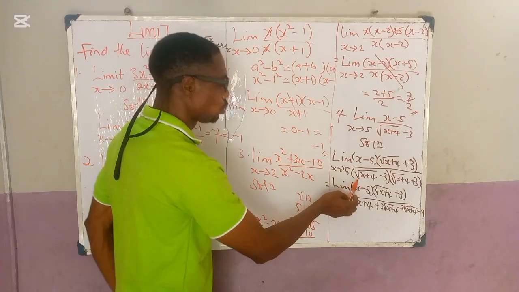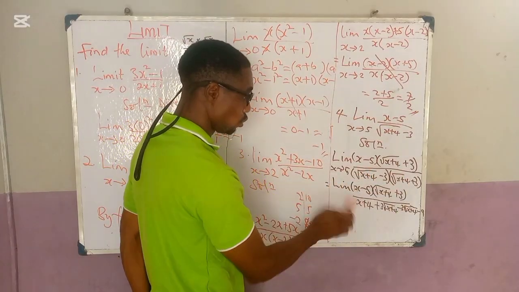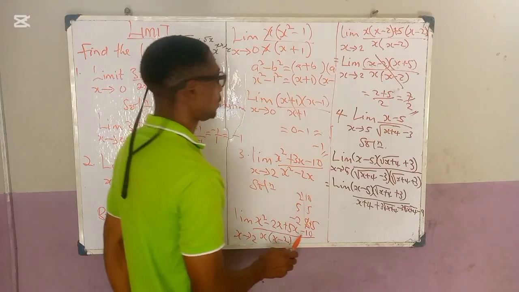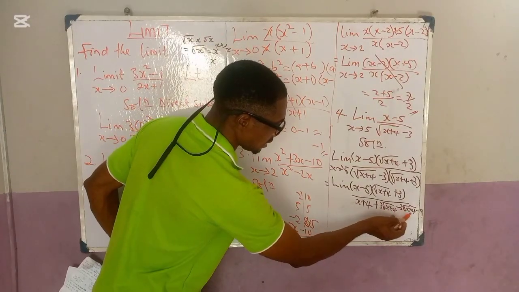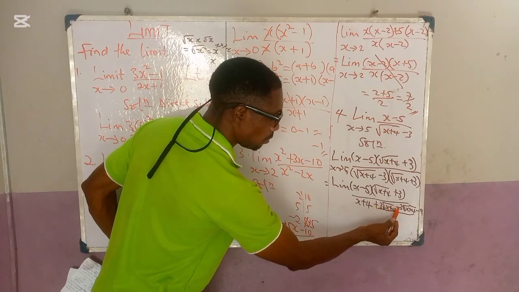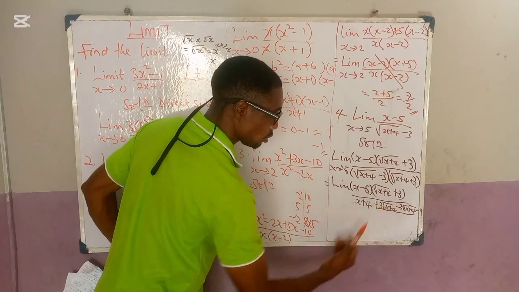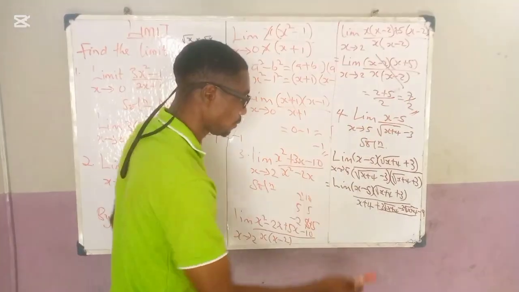It's the same thing here. Root x plus 4 times root x plus 4 will give you x plus 4. Right. If you look at it this way, this and this, they are the same. So they have alternate sign. So they take care of themselves. It's like a minus a is 0.